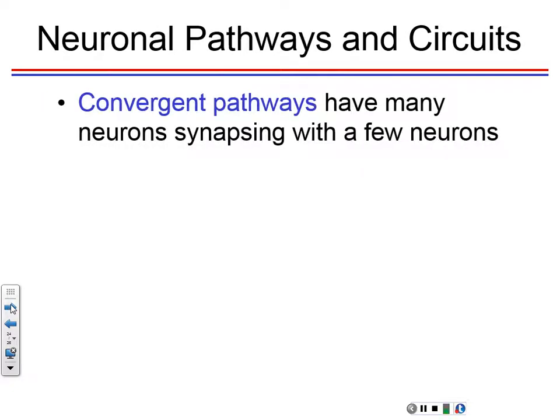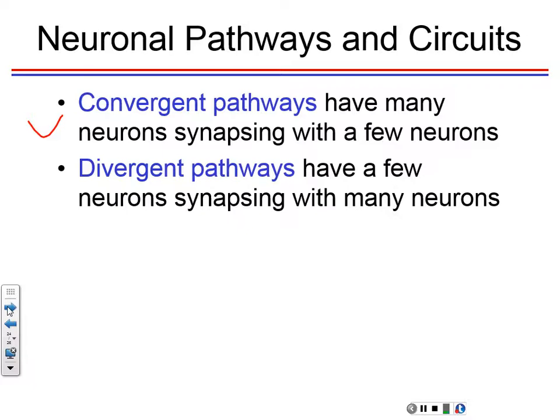Okay, so again, it leads us to neuronal circuits. I talked at first about the convergence, where you have several neurons coming and converging on a few, maybe one or two. So you have many coming in and then synapsing with one. That's a convergent pathway, and I'll show you nice pictures. In the exam, I'll ask you about these neuronal pools and how these neuron circuits are arranged. So divergence: you have one or a few neurons synapsing with many neurons.